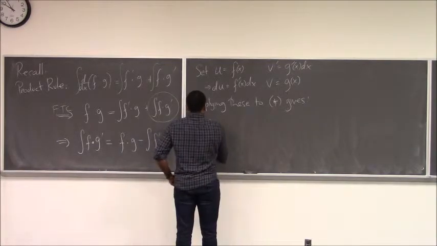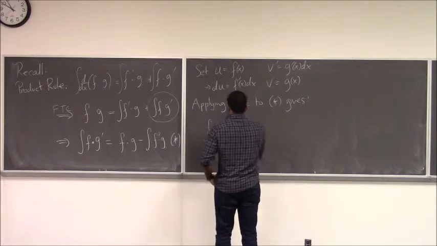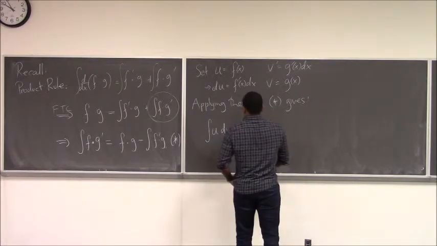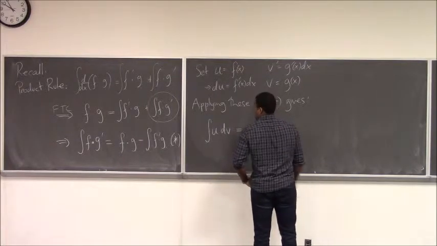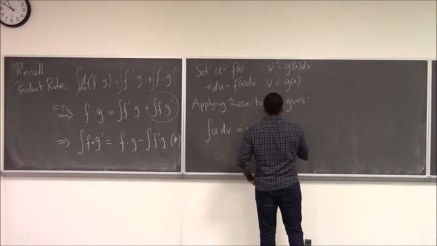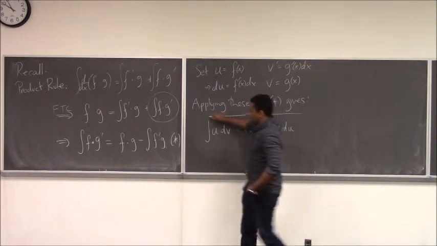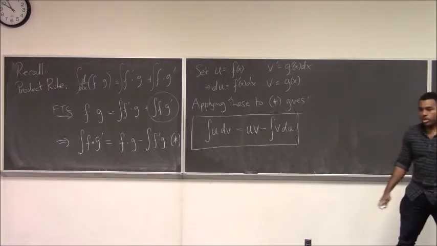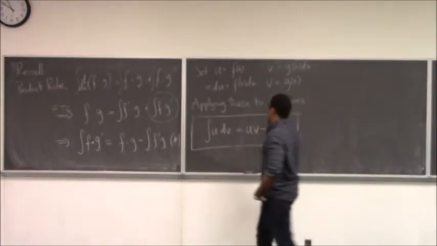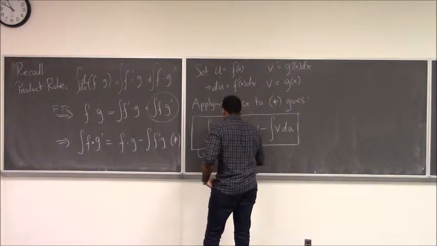It says the integral of u dv is equal to u times v minus the integral of v du. And that's the guy that you'll see in your textbook, a very common way to express the rule I'm about to give you. This is called the integration by parts formula.